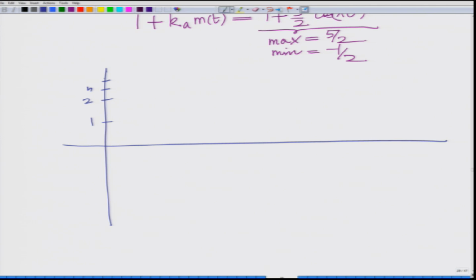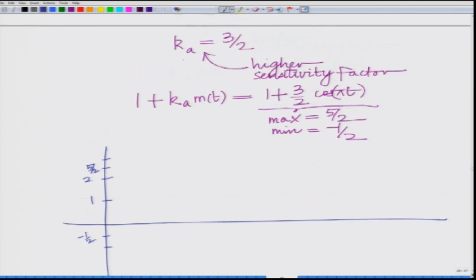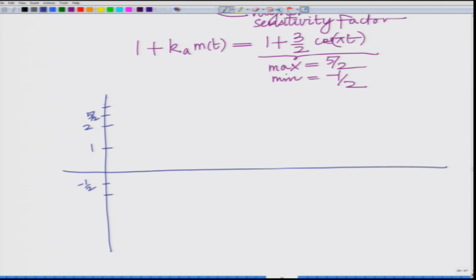So, this is let us say your 5/2 and this is let us say minus half. Again the same thing, this is point 1, 2, that is time 1, time 2, time 3 and so on.